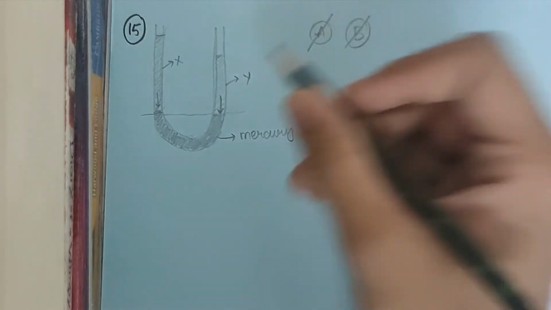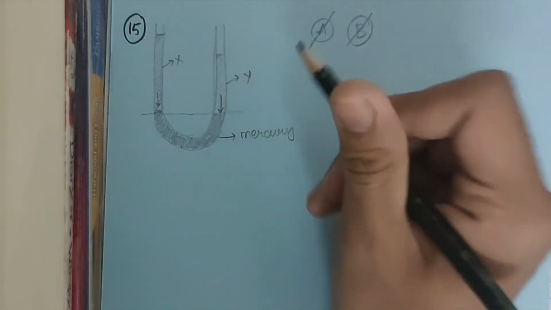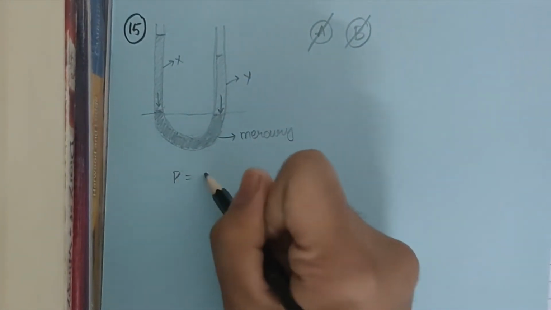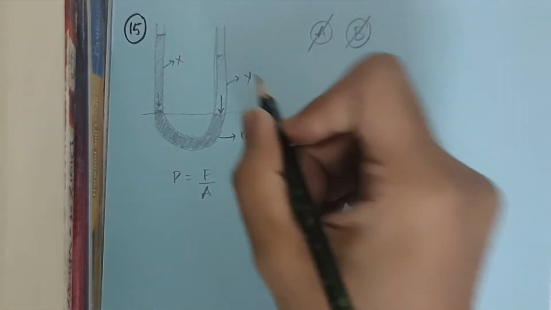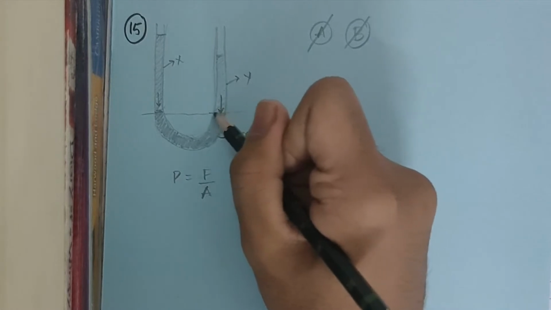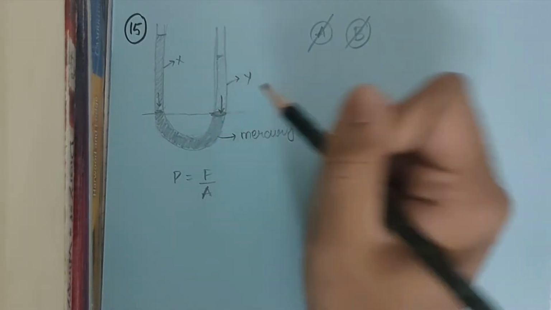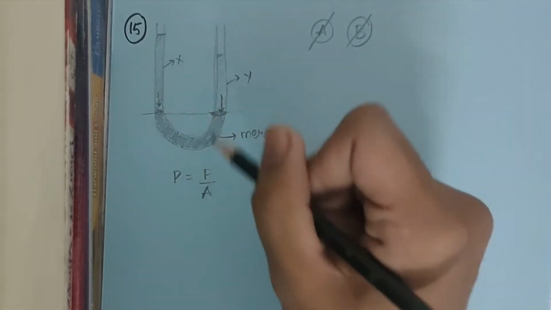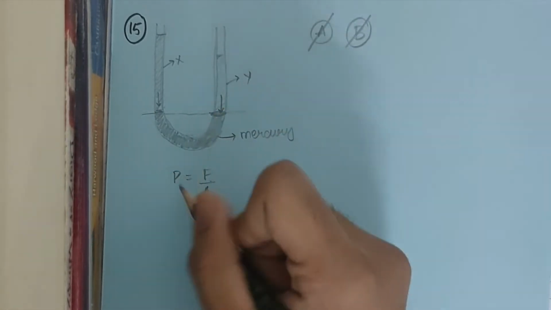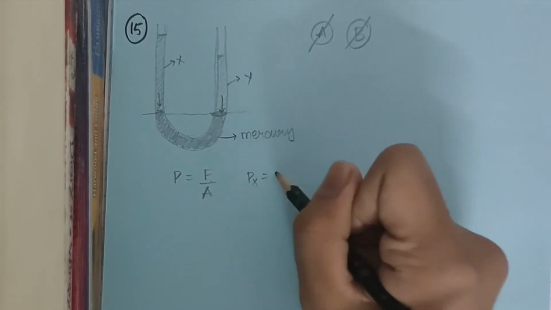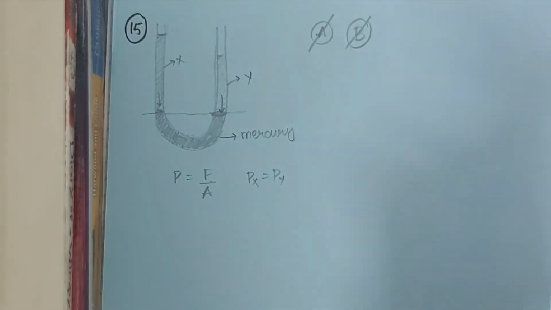Because if it was not the same, the level would not be equal. Now pressure equals force upon area. The area we have over here is the cross-sectional area of the test tube. The area is same for both, force is same for both, therefore pressure will also be same for both. So Px will be equal to Py for sure.